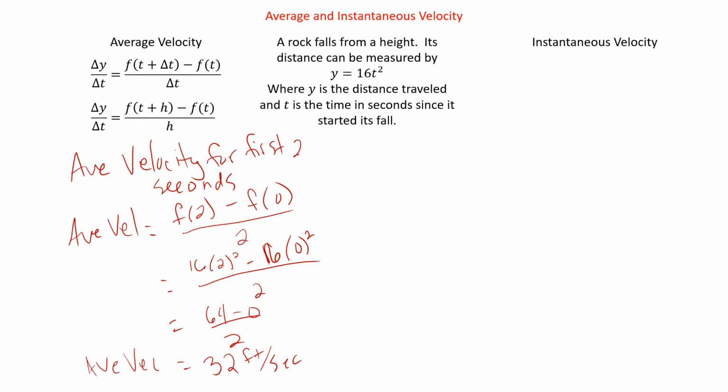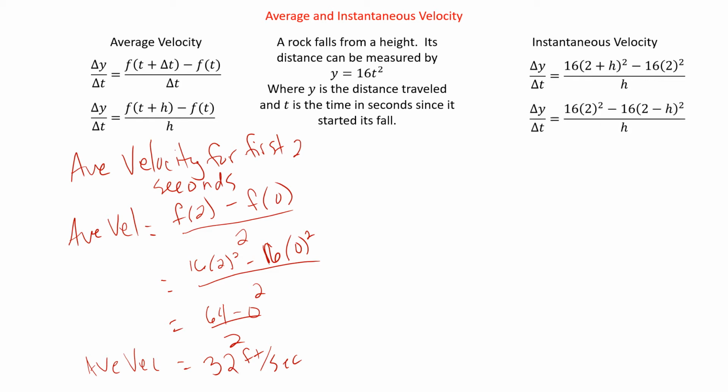And so to do that, we're using the same thing, and we're just looking at 2 seconds. So this would be from 2 seconds to just over 2 seconds. So sometime over 2 seconds could be at 3 seconds, could be at 2.1 seconds. We don't know. We can change what that h is.